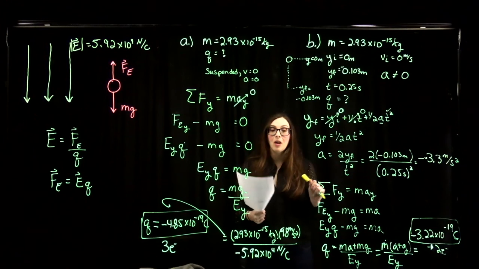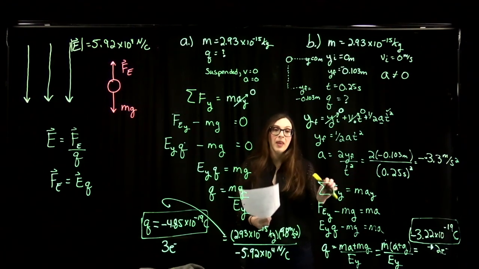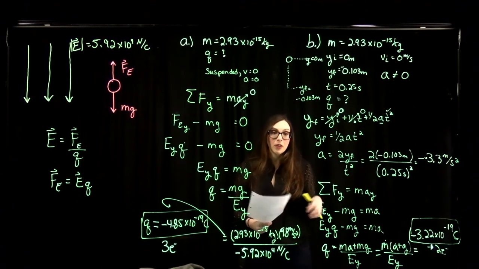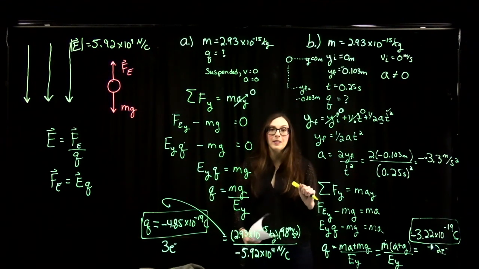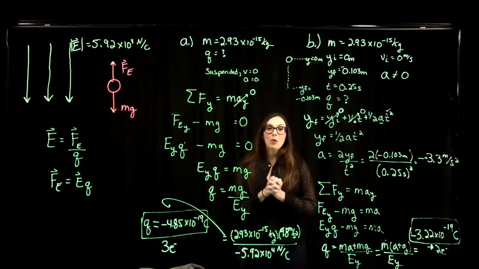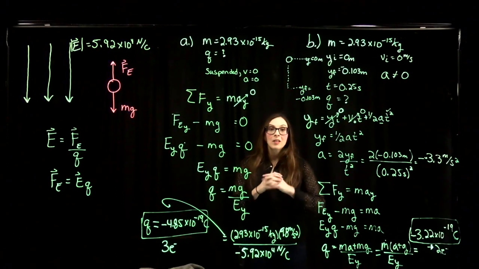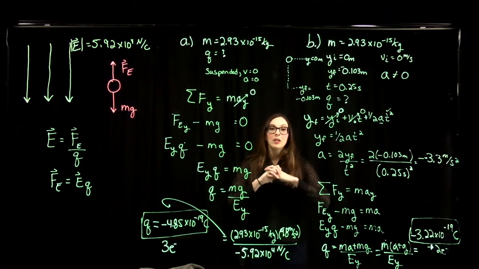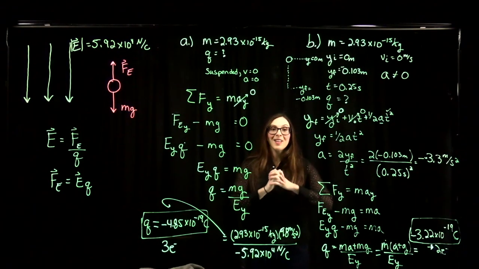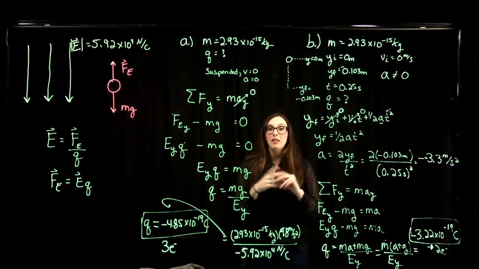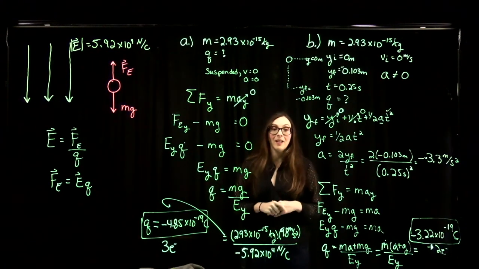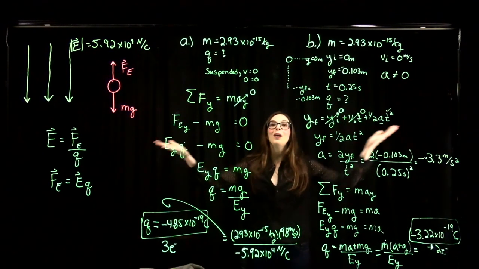So if it originally started out as a neutral oil droplet, it now has an excess of 2 electrons. And with that problem, we were able to combine part of what we did from last semester and part of what we're doing from this semester, thinking about Newton's second law, thinking about kinematics, and thinking about electric forces and electric fields all in one problem.